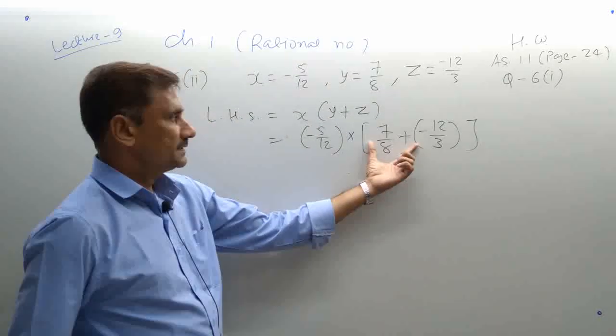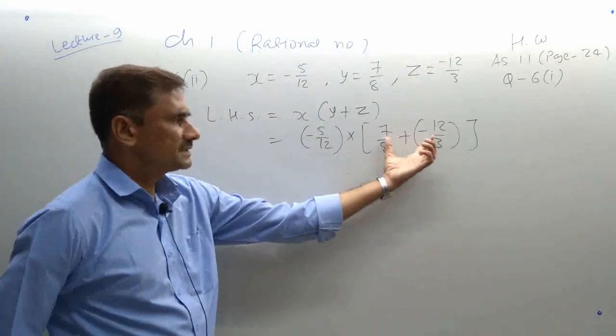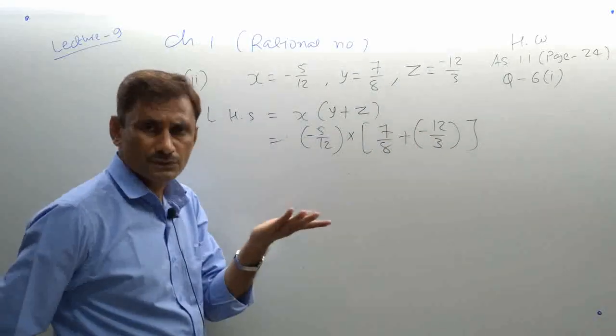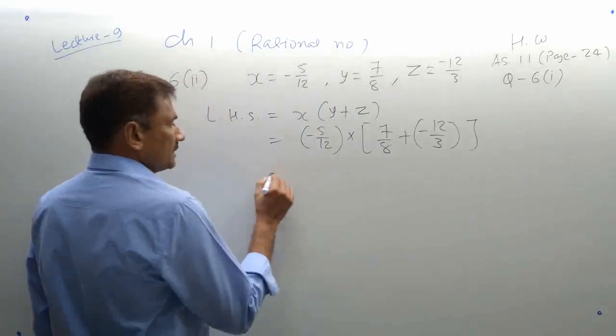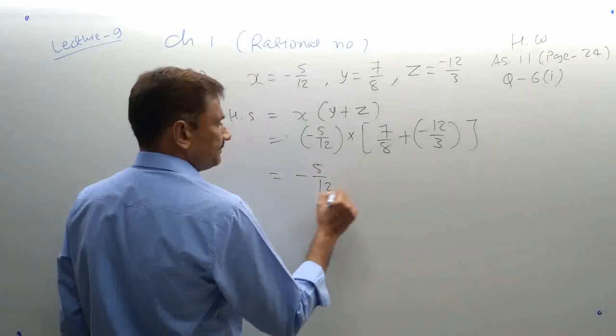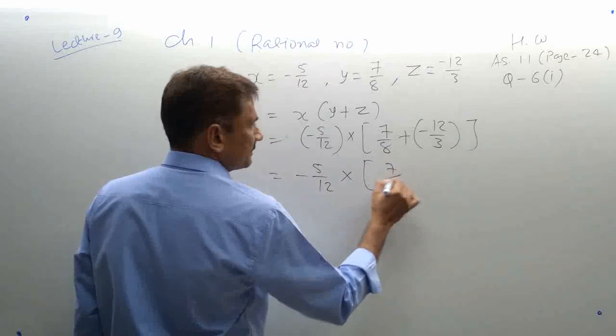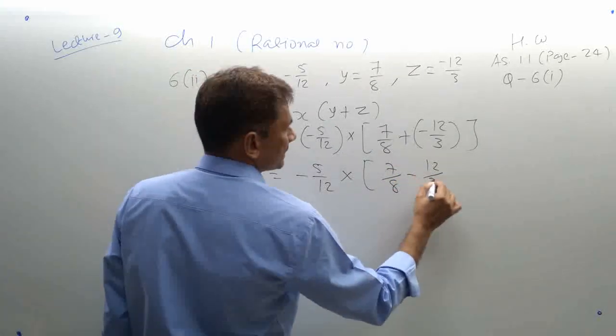If both are minus here, then you keep both in a small bracket and then you can open it. So it is minus 5 by 12 multiply 7 by 8 minus 12 by 3.